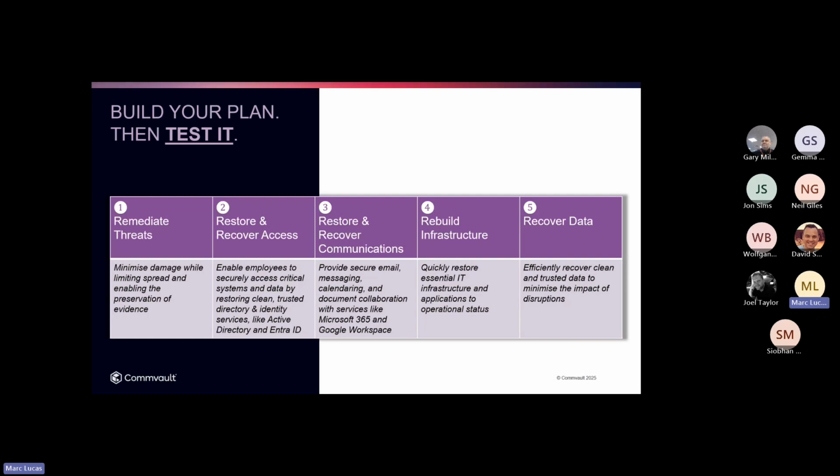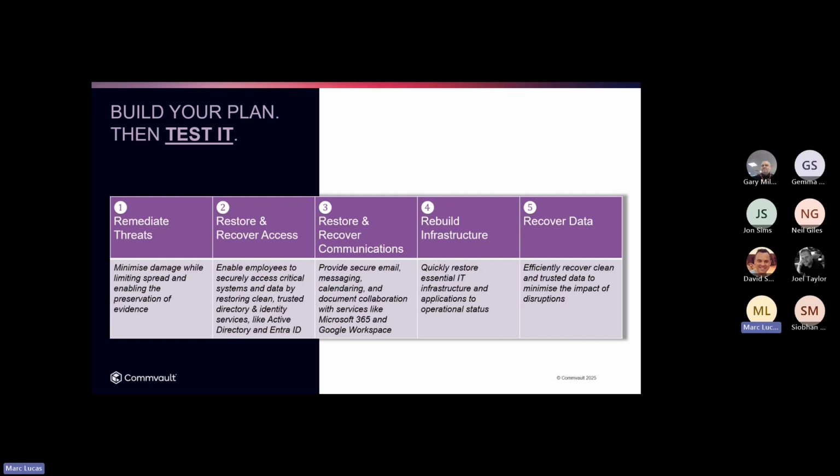And we have a very comprehensive Active Directory and Entra ID recovery, which we're going to talk about in a future session. It's not just recovering Active Directory on a granular basis, it's also recovering the entire forest, which means a much more rapid recovery of your identity access management system like Active Directory or Entra ID.